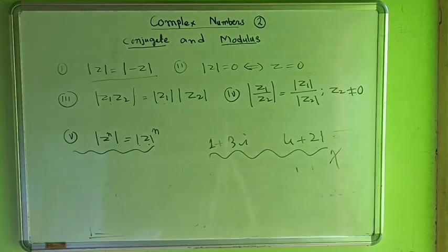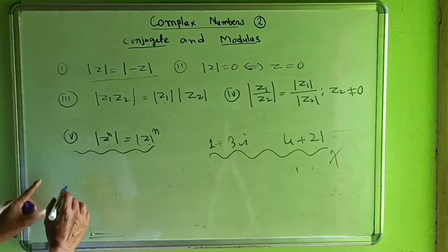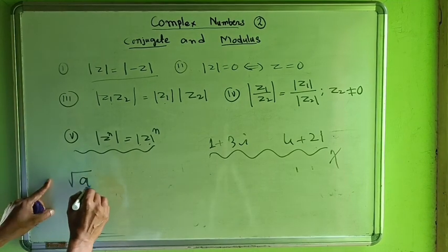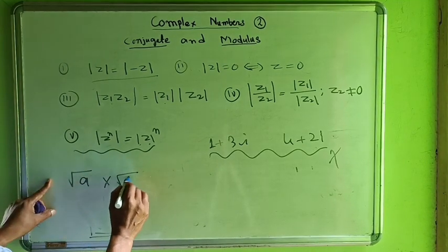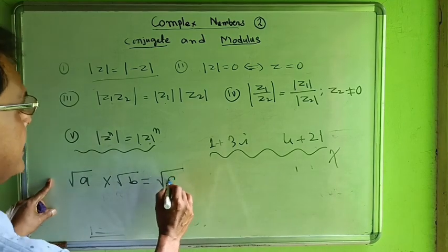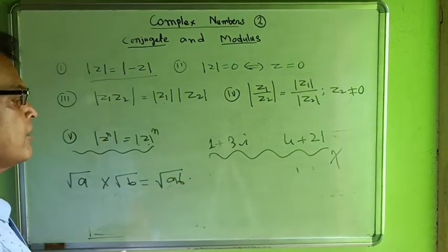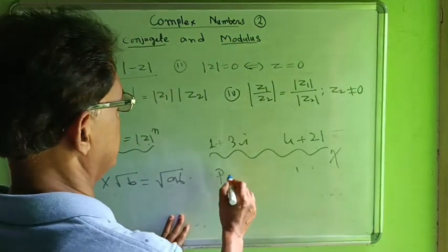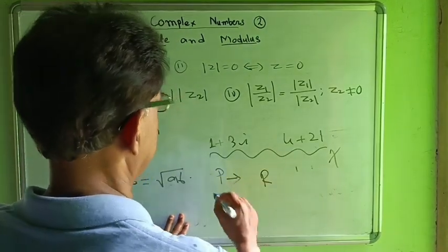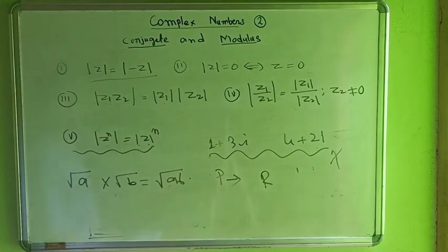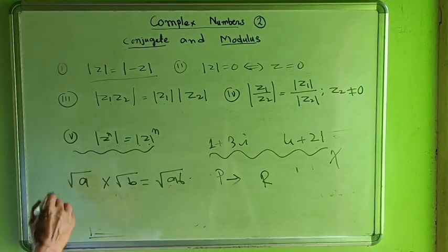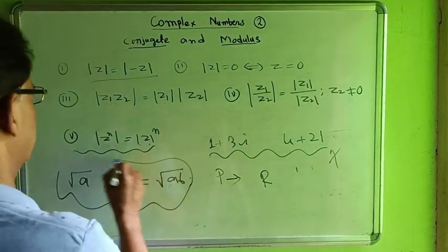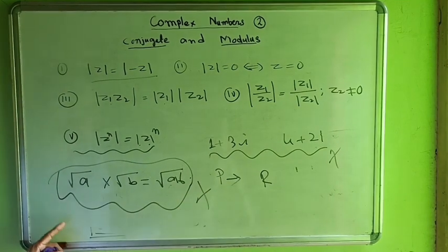Another very important point: under root of a into under root of b is equal to what? Under root of ab, in case of positive real numbers. If a and b are negative real numbers, then this is not satisfied.